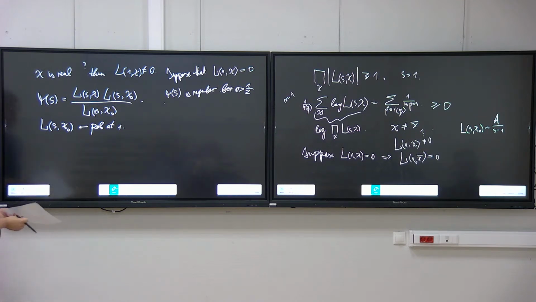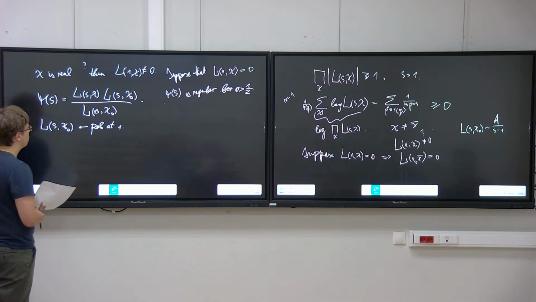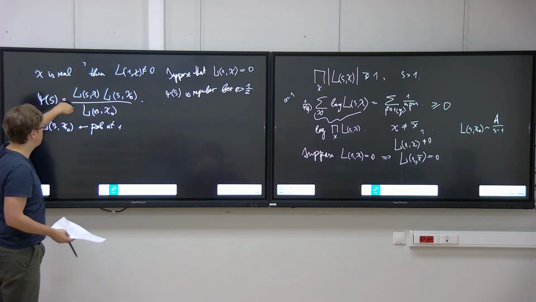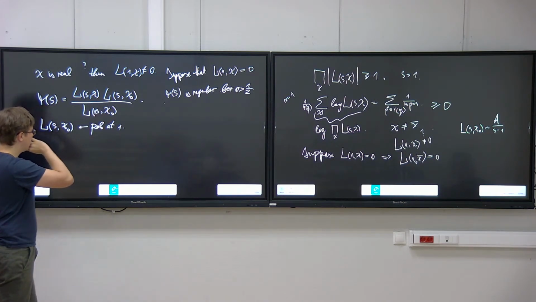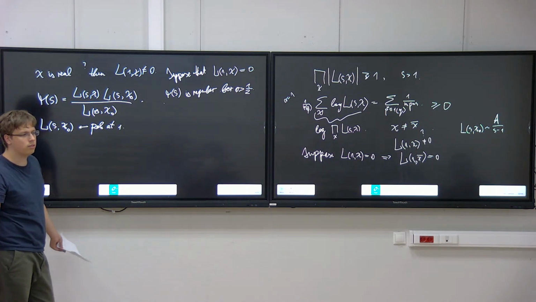То есть в числителе у нас все чисто, значит, полюса только там, где нули у знаменателя. При вещественной части больше единицы нет нулей.